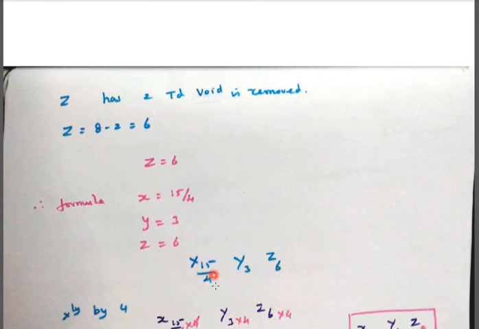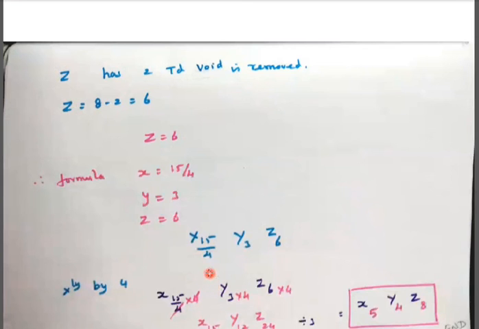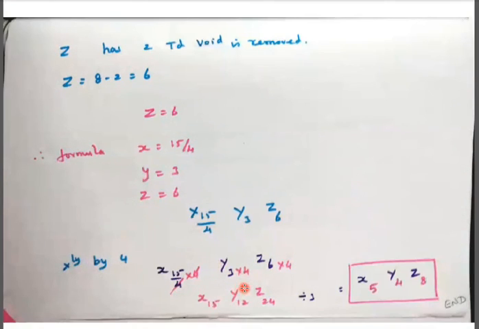Removing this denominator 4, we multiply the whole formula by 4. So 15 by 4 into 4, 3 into 4, 6 into 4. The 4 is cancelled. So X is 15, Y is 3 into 4, 12, Z is 6 into 4, 24.